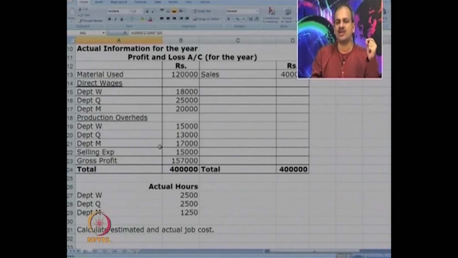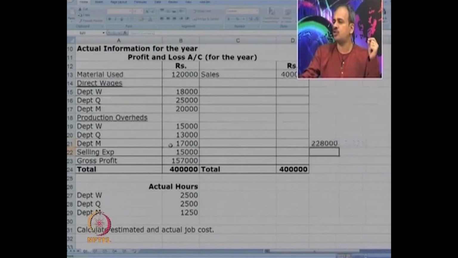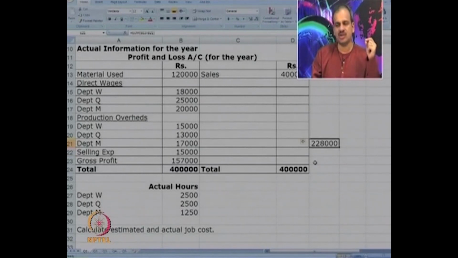Can you calculate the works cost on the basis of this? We can just take a sum of everything from material up to production overheads. It's okay. So depending on the works cost, I will just show the calculation again. You have been given material, direct labor and production overheads.